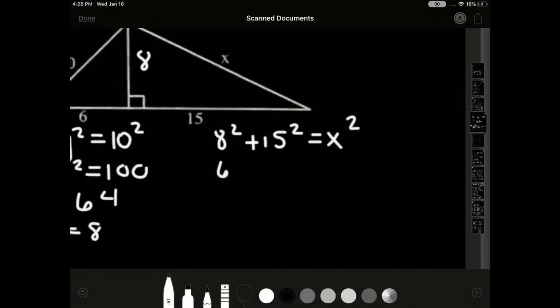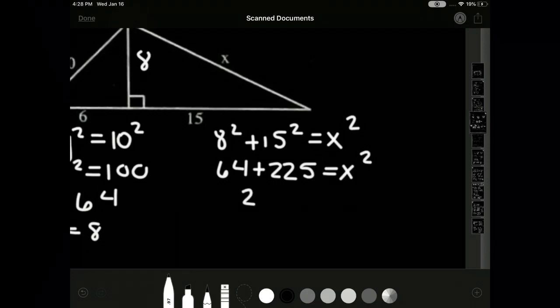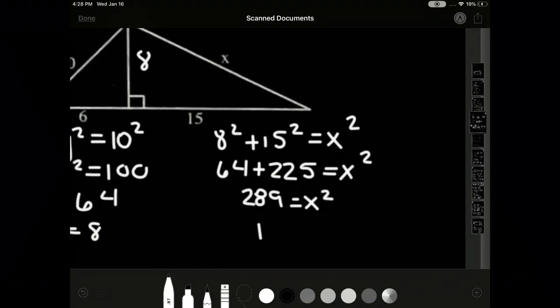So we get 64 plus 225 equals x squared. And then 64 plus 225 is 289. So 289 equals x squared, and when you take the square root of that, you get 17 for x.